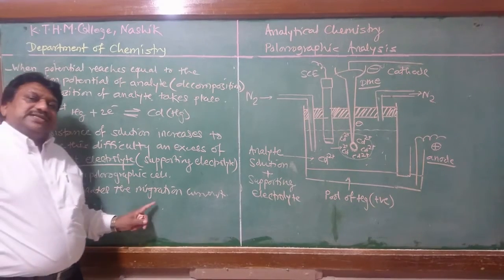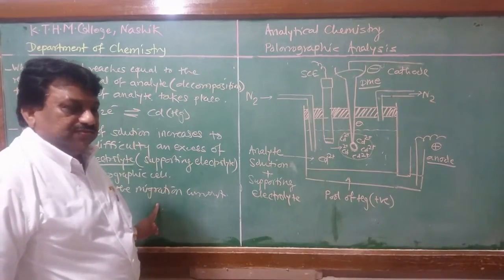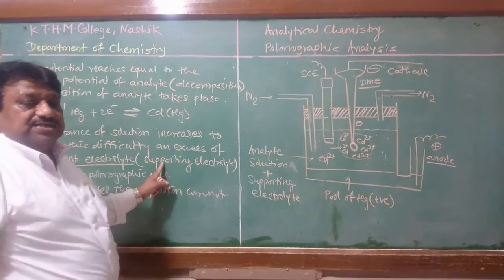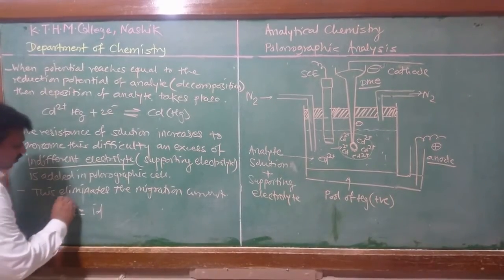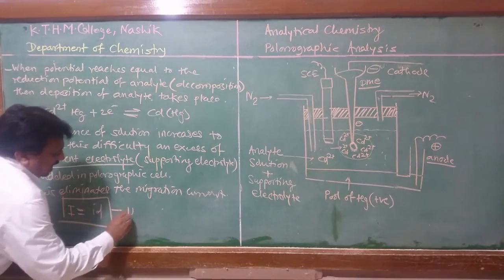Because addition of excess of supporting electrolyte decreases the migration current as well as the resistance of the cell, the total current flowing through the cell is equal to only ID.